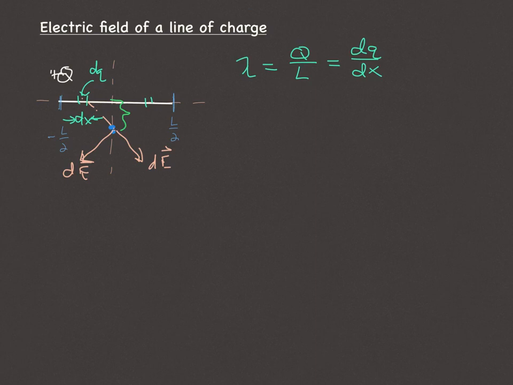So the amount pointing down from each of those, and every other packet of charge is going to contribute electric field just at varying angles. So that one's going to contribute there on the other side. Even the ones right here in the middle are contributing straight down, all the way out to this edge, contributing over here. But it always is symmetric so that the horizontal components always cancel out.